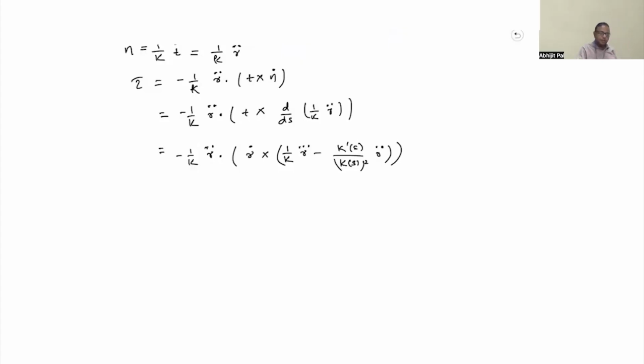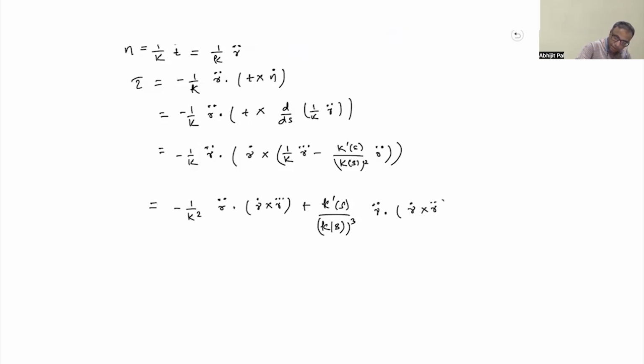So this is equal to minus 1 by k squared γ double dot product with γ dot vector product with γ triple dot, plus k prime s divided by k cubed γ double dot product with γ dot vector product with this γ double dot.